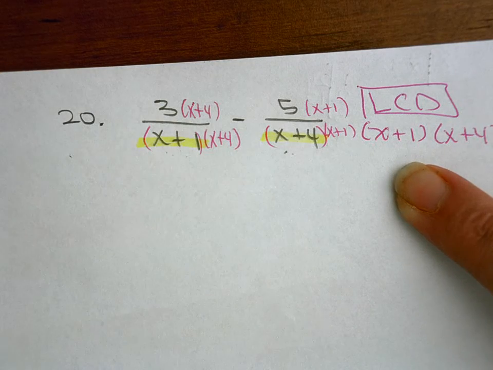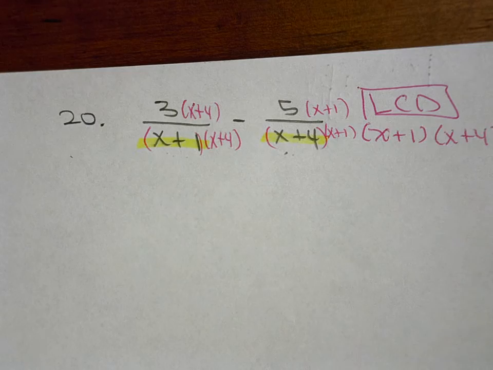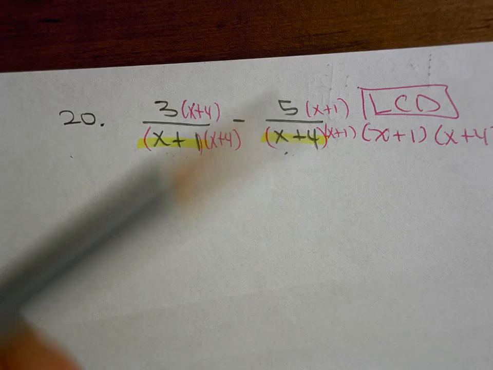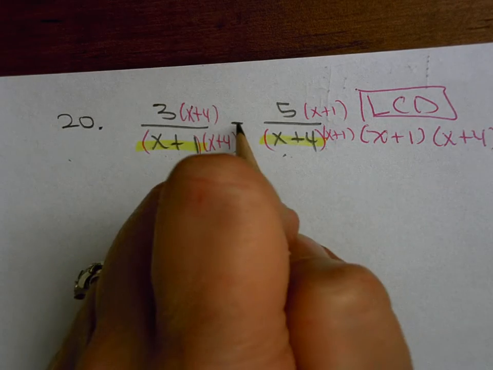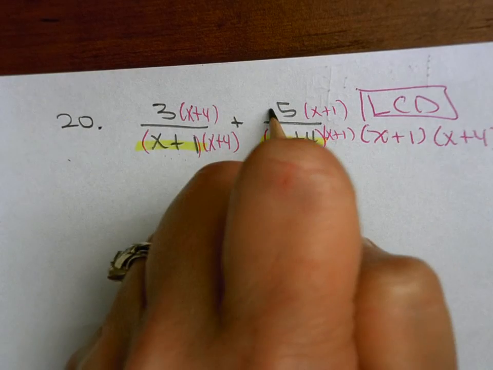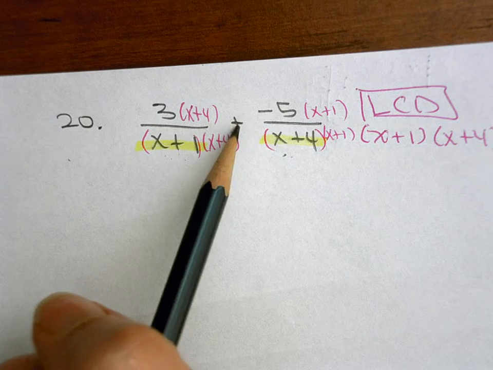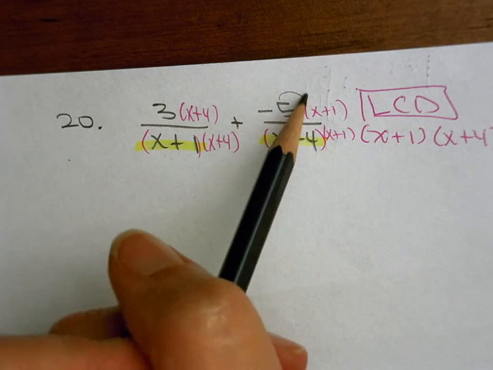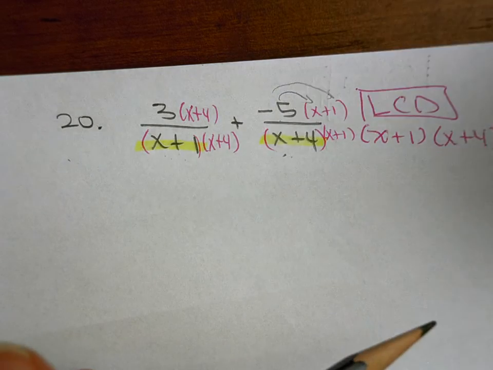And then from here, I need to go ahead and simplify. And remember, whenever we have a subtraction, you want to add the opposite. Do the plus -5 so you remember to distribute the negative to everything. So here I want to distribute the numerator.